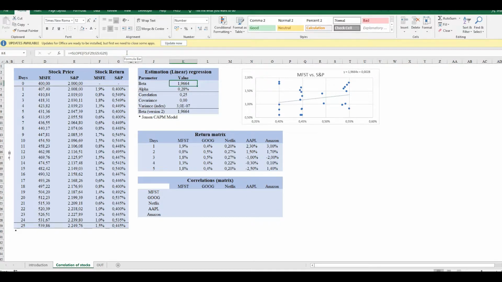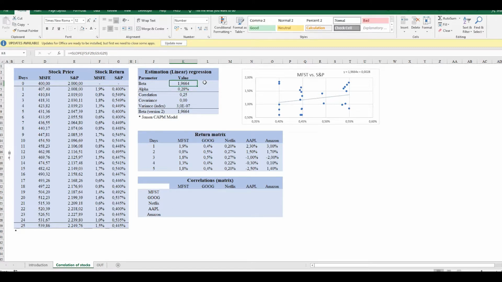In the case of beta, the parameter in front of, in this case, S&P, the exogenous variable, we use the SLOPE function and get 1.96, and alpha is 0.28 basis points.